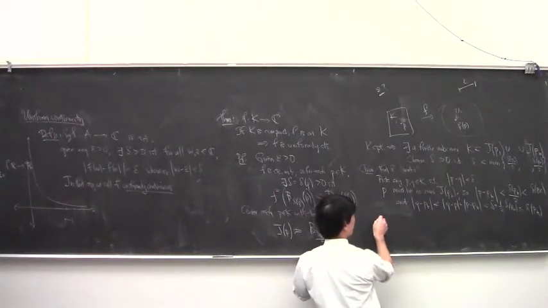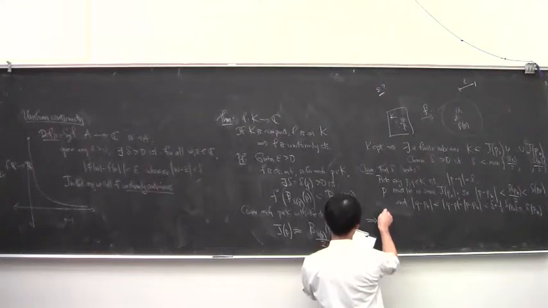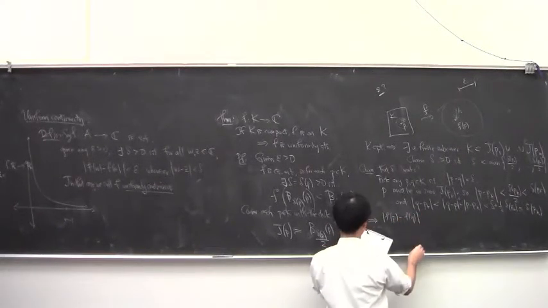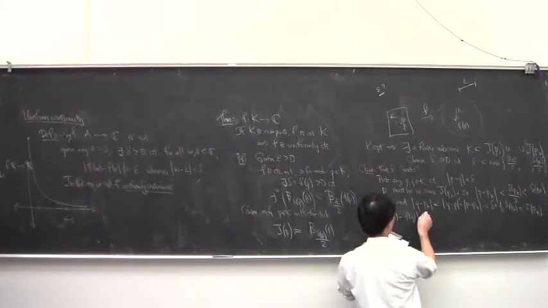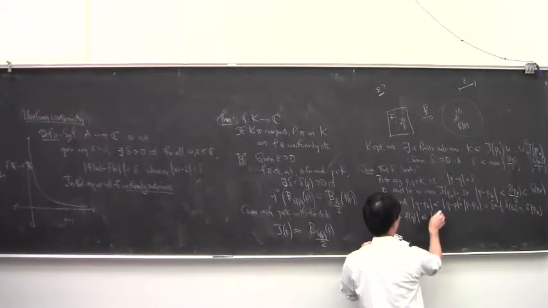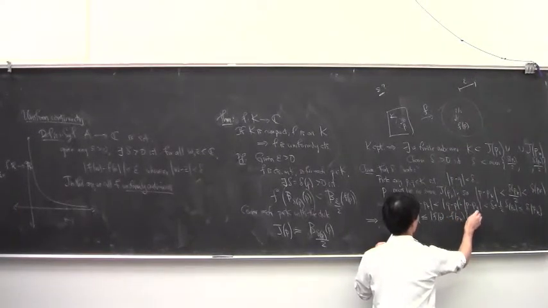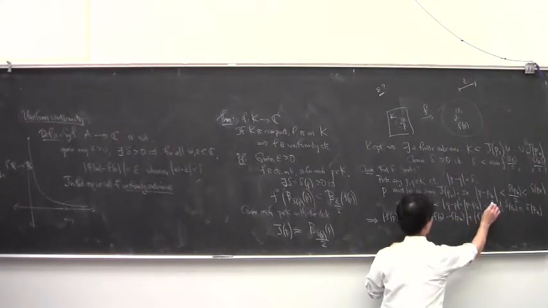So that's the end. You say, well then the distance from f of p to f of q is less than or equal to f of p minus f of pk plus f of q minus f of pk.